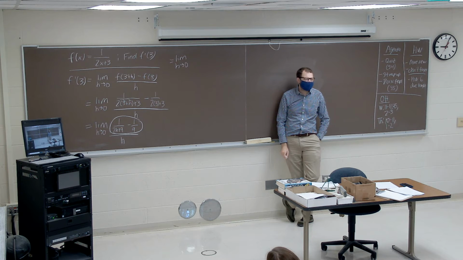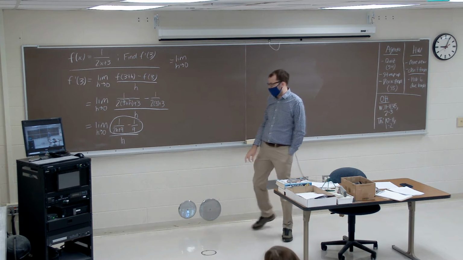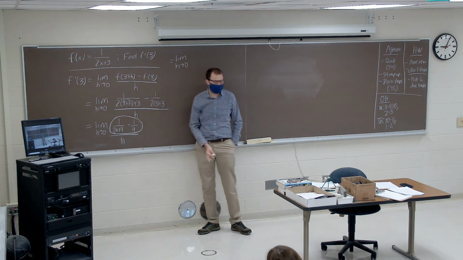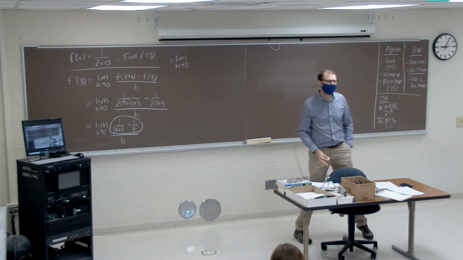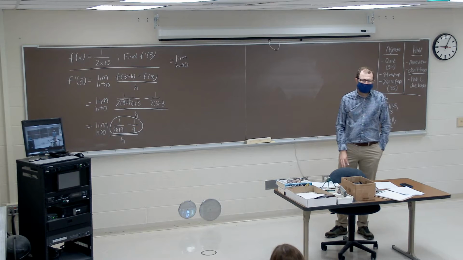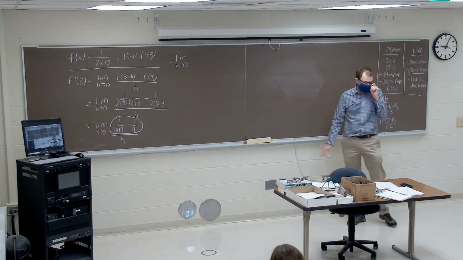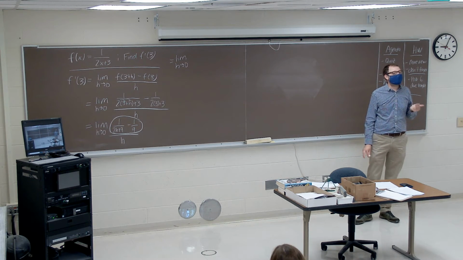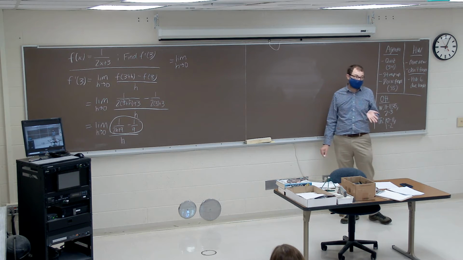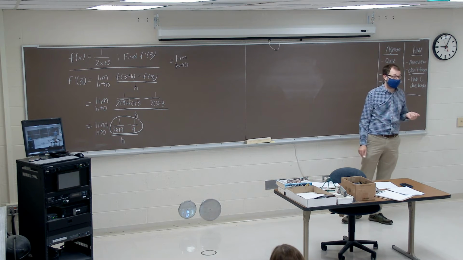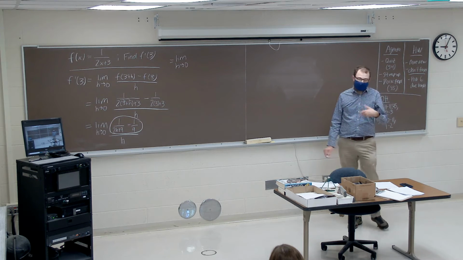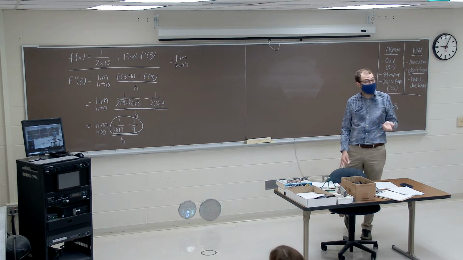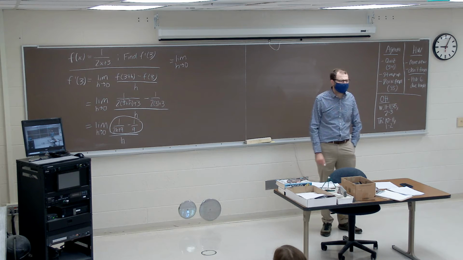So what do we need to do first if we want to be able to somehow combine these two fractions via subtraction? We need to get a common denominator. Yeah, we need to get a common denominator. Because in general, you can't add two fractions unless they happen to have the same denominator. Or subtract. So how would we go about finding a common denominator?